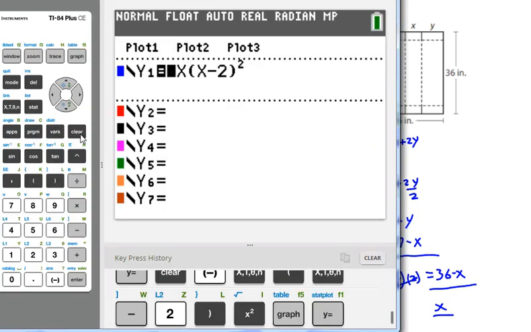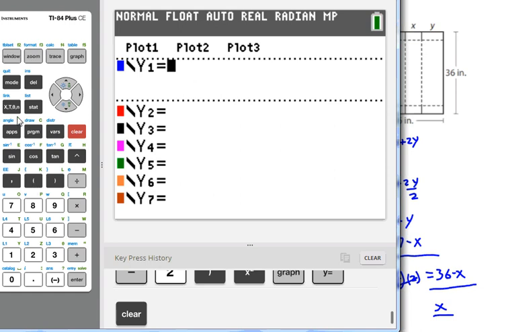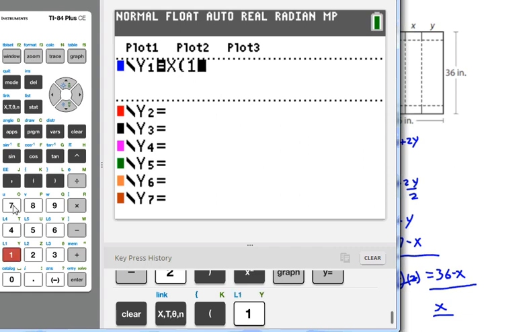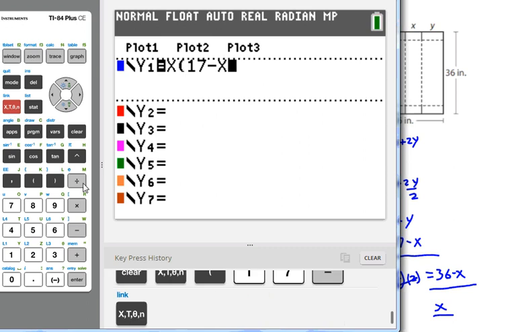We have x times quantity 17 minus x times quantity 36 minus x.